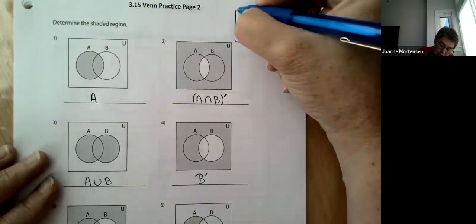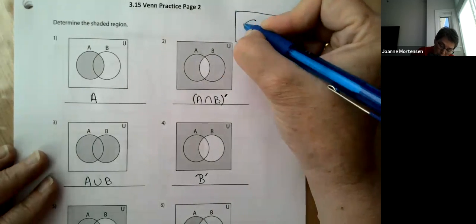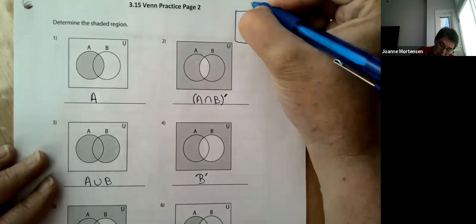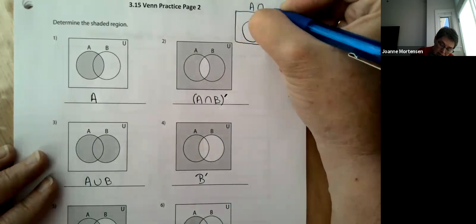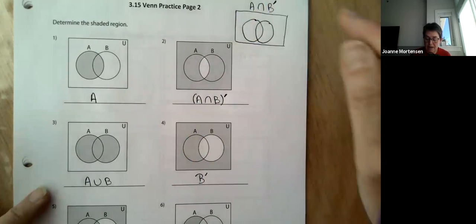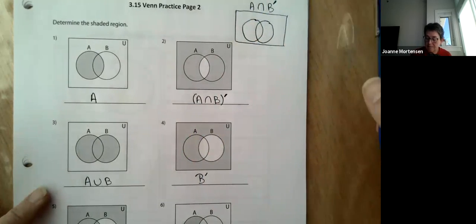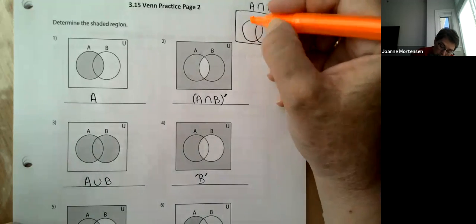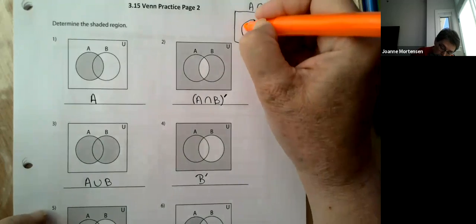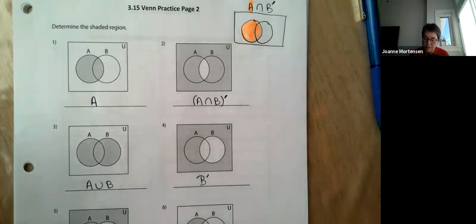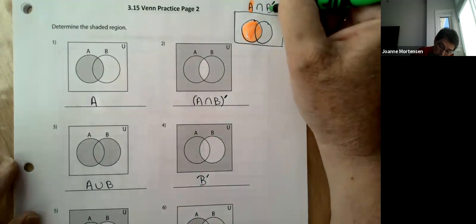Maybe more confusing, but I just want to show you why it's important. If I have A intersection B prime like that, see the difference? Without the brackets, that means, I'm going to use my markers. So A is orange, and we'll try green for B prime.